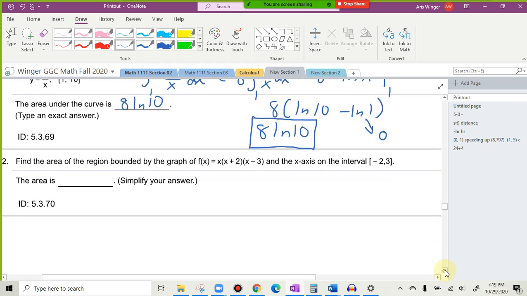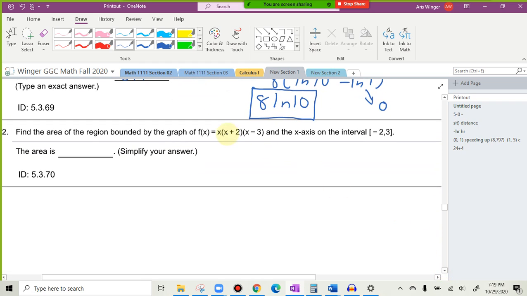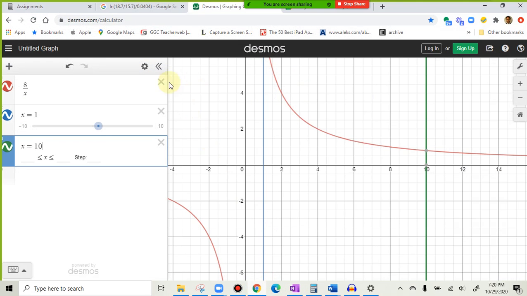Question there. Area of the region bounded by f of x equals x times x plus 2 times x minus 3, and the x-axis on the interval -2 to 3. Let's do it. X times x plus 2 times x minus 3.